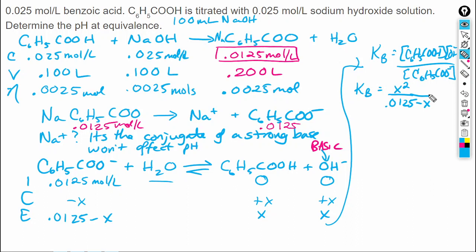It does have the Ka for benzoic acid. So I know that Kw is equal to Ka for the conjugate times Kb. What is the value for Kw? The back of the textbook tells me that Ka for benzoic acid is 6.3 times 10 to the negative 5. Can I solve to find out what Kb is?